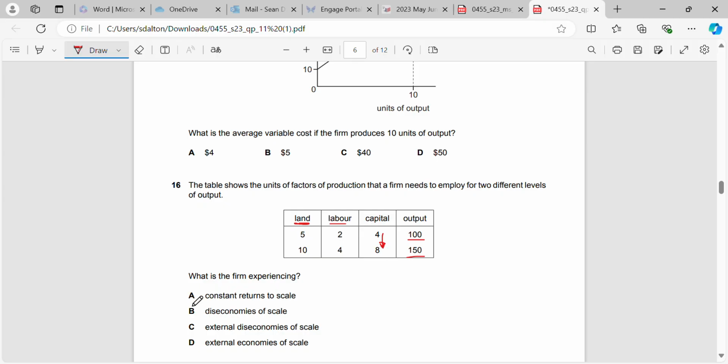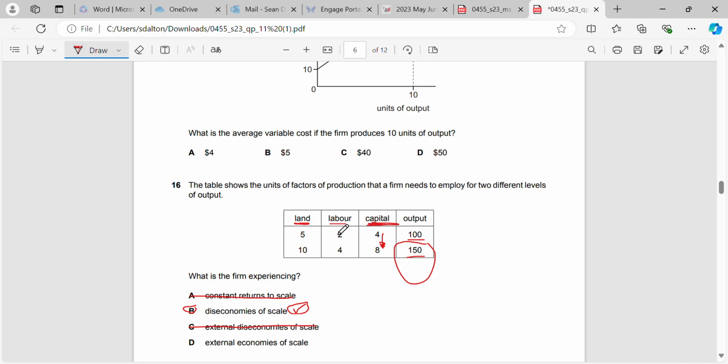So it's not constant returns to scale, it's diseconomies of scale. Why? The firm is expanding, but their average cost of production is rising. And their average cost of production is rising because they haven't had a corresponding increase in output. It's not external diseconomies of scale because they control these factors.